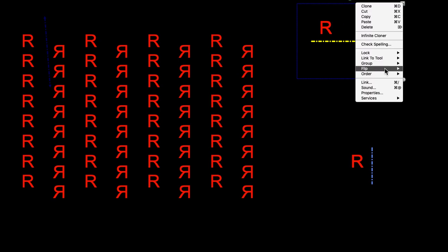And I want to remind you of what a glide actually is. If I do a horizontal glide, what that basically means is that I need to flip the shape over the line that I'm going to glide on, and then I pull it parallel to that line. So horizontal glides are going to take right side up R's into upside down R's.